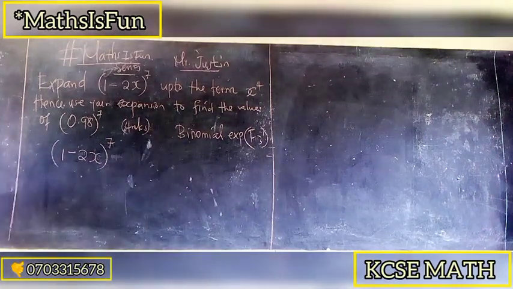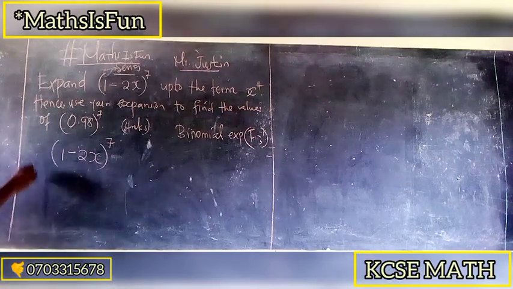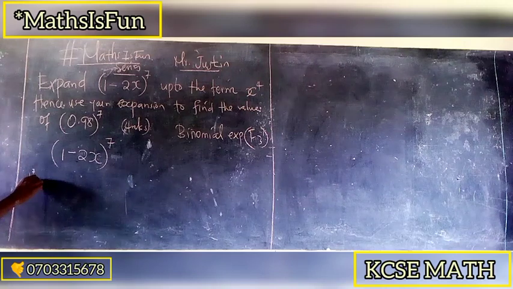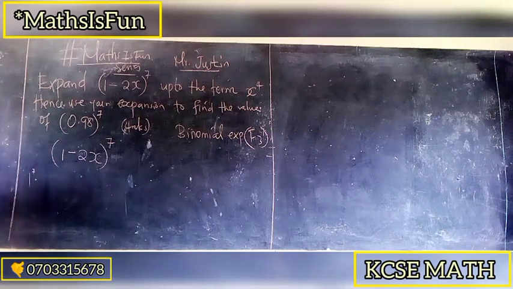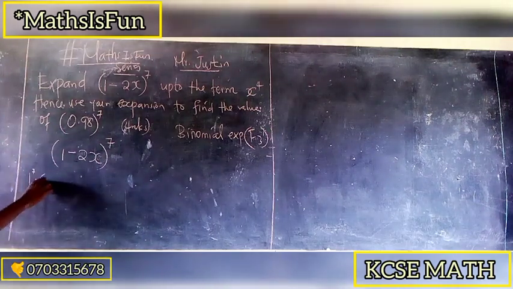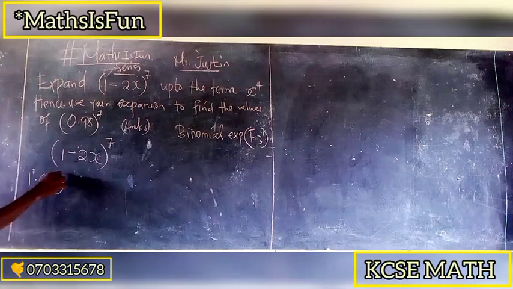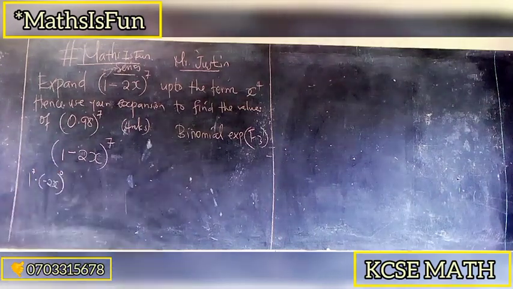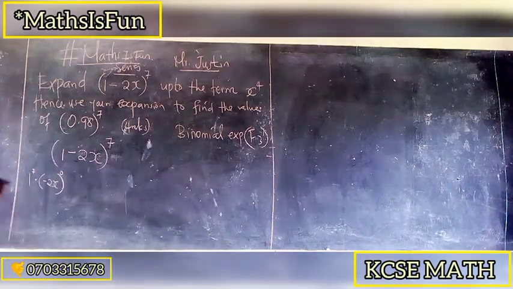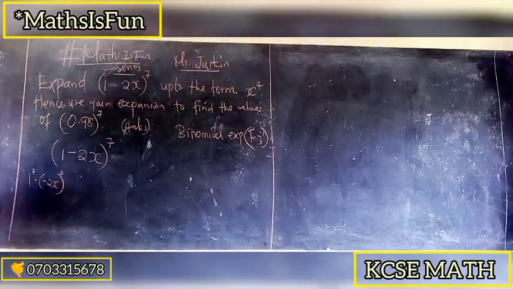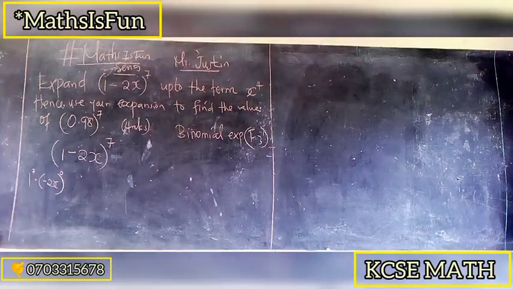What do I mean? We'll have 1 raised to power 7 multiplied by, we can use a dot to show multiplication, negative 2x raised to power 0. The powers of 1 are going to descend, that is, become smaller and smaller, while the powers of negative 2x are going to increase.